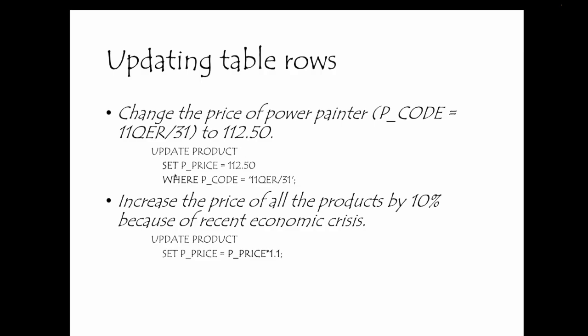So in that case, we need to use set as the keyword, followed by the specific column name. Here the question is, change the price of Power Painter. That P code is given 11QR31, to 112 and 50 cents.